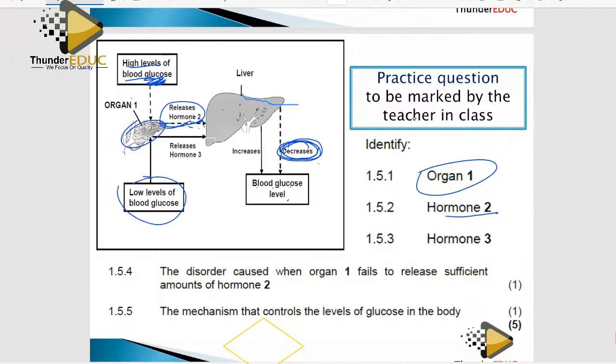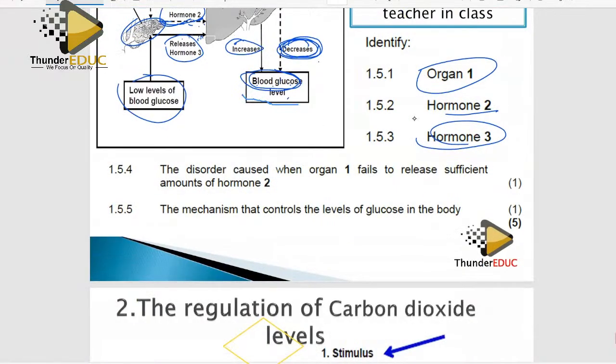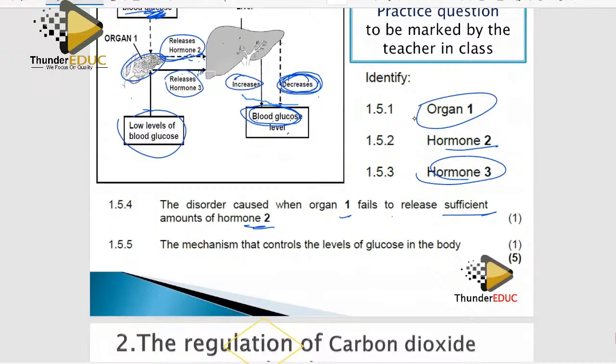If you look at this one, now there's a low level of glucose, so hormone 3 is being released. Once it's released, it causes the liver to increase the blood glucose level. So this hormone 3 is glucagon. The disorder caused when gland 1 fails to release sufficient insulin, how do you call that?